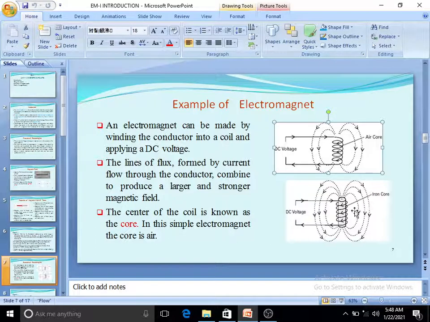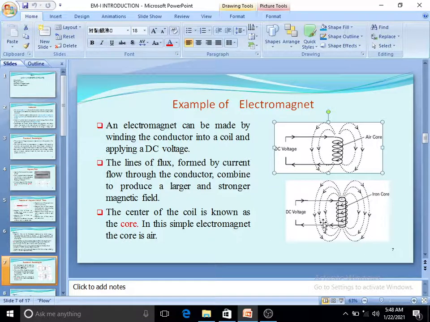In the second diagram we have taken iron as the core. Which one is best? Iron is a magnetic material. When you use a magnetic material as the core, the strength of the magnet is more, because the magnetic flux passes through this medium.